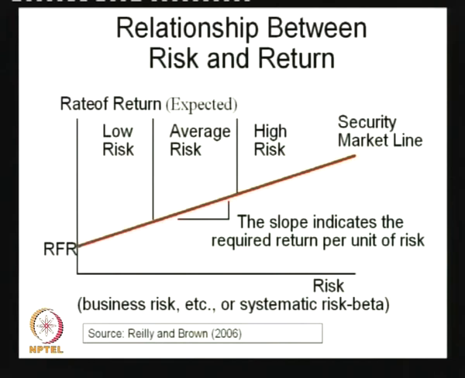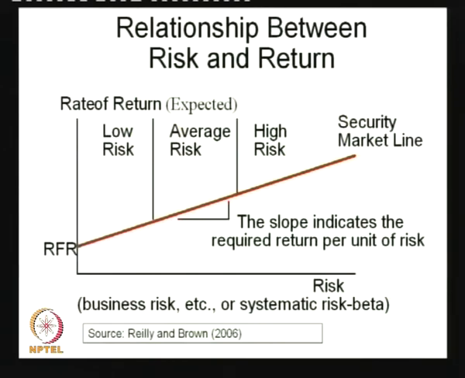When you plot these different stocks or different investments on this line, this particular line is called the security market line. On the x axis we have risk measured by the beta of the particular stock, and beta is measured as we discussed earlier, and on the y axis we have the expected rate of return.